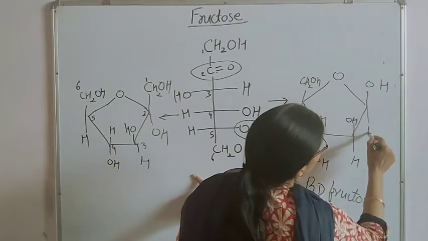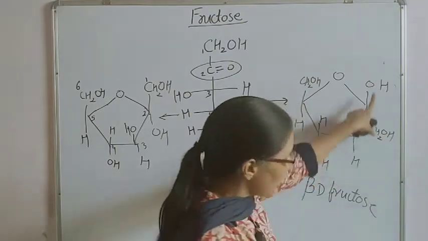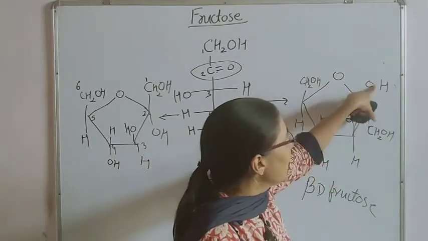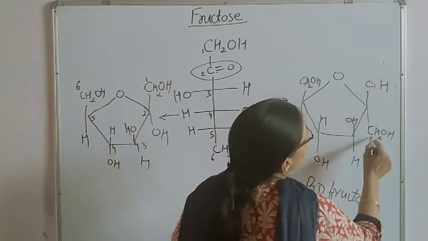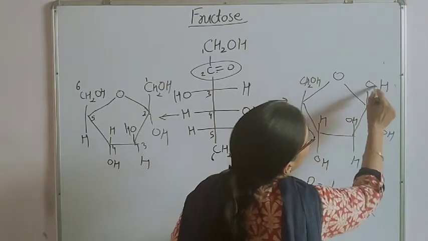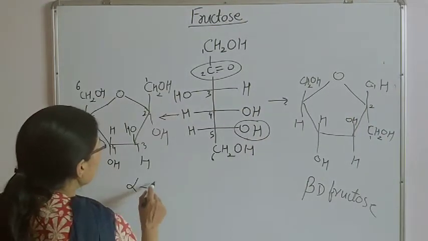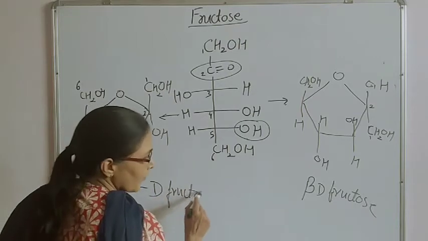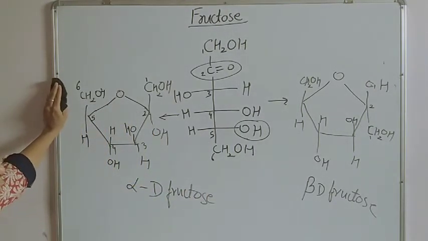Our previous rule: in the beta structure, OH will be above the plane. The same learning tip applies for fructose also, for this anomeric carbon atom, when OH is written above, the structure is beta, and this one is alpha D fructose. So this is about the structure of fructose.